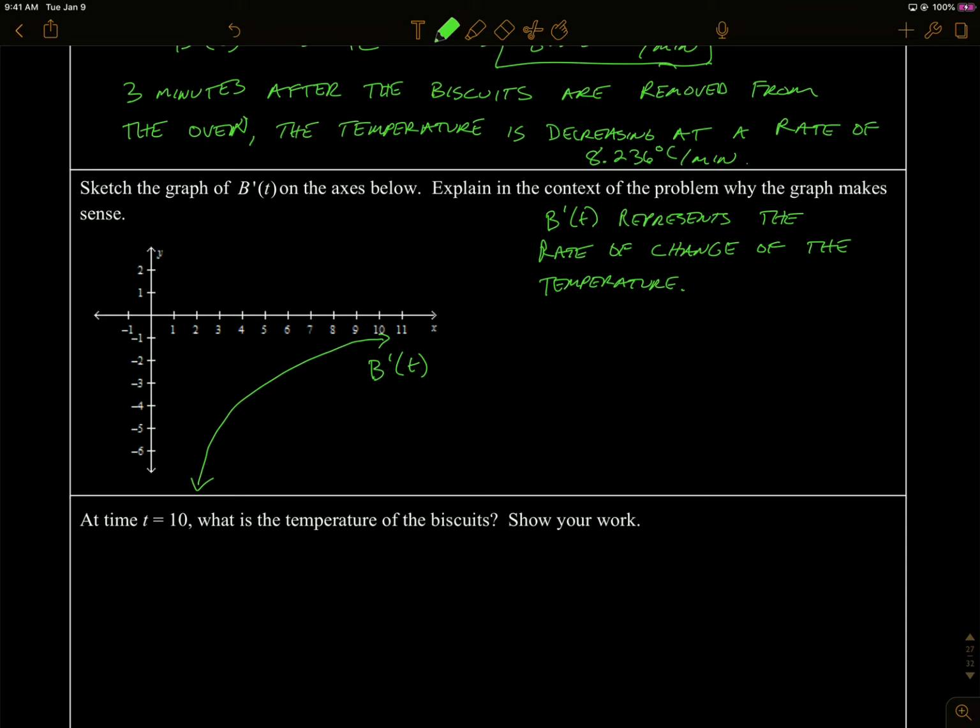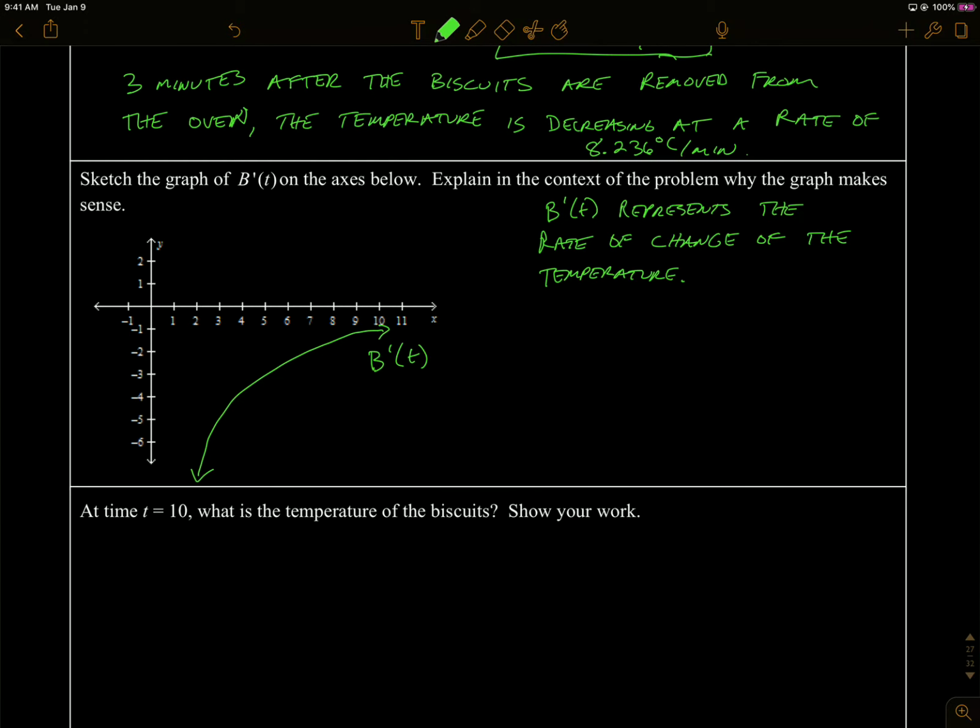So that's why the entire curve is below the x-axis. So we could say something about that. Since B of t is always decreasing, B prime of t must always be negative.